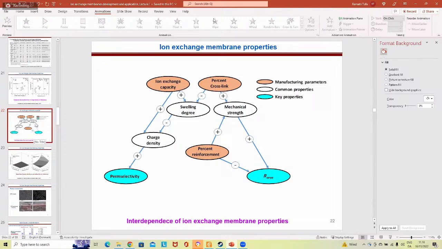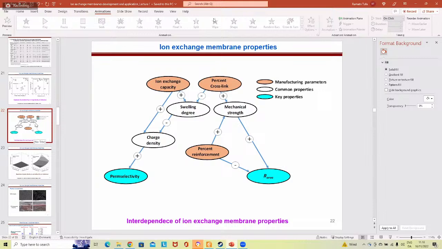In fact, that is the first technology where ion exchange membranes were used. And electrodialysis is used in different industries for different applications, including food and water purification and so on.